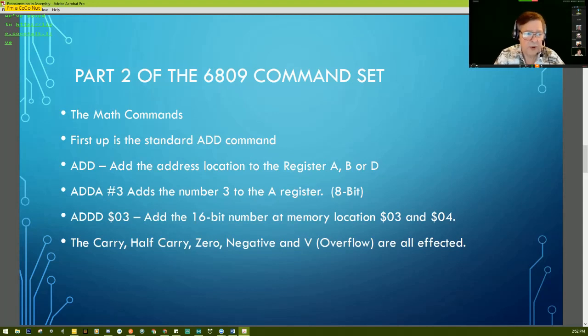The next example I give you after that one is add 03 to D. D, as you recall, was the 16-bit register of A and B put together.